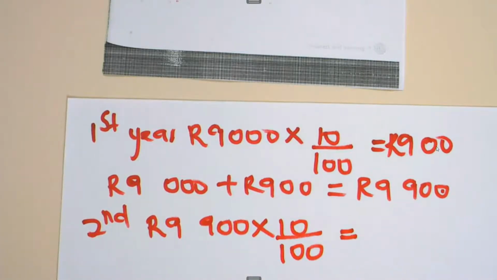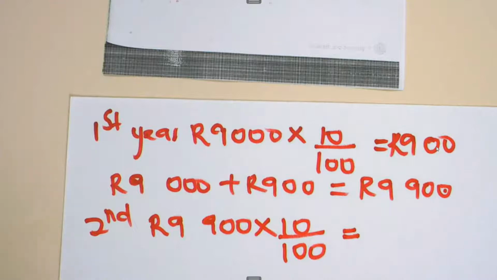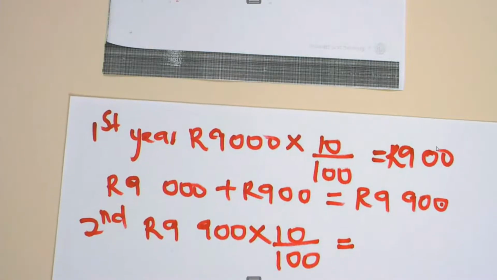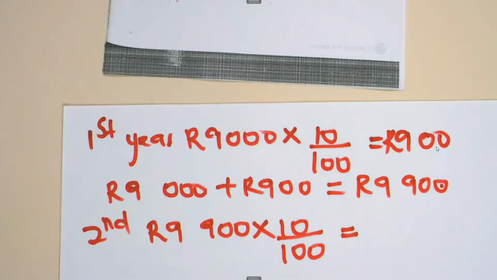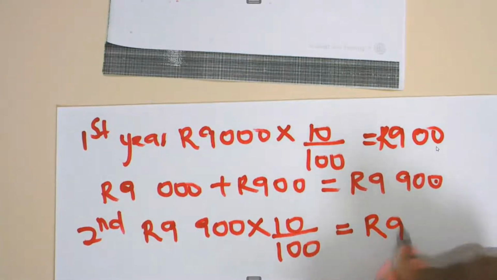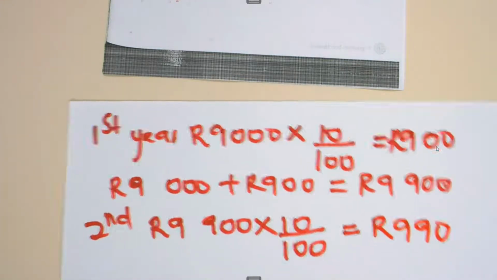When we multiply 9,900 by 10% and we divide it by 100, we must have our calculators in hand so that we can calculate what we have. So we have 9,900, we multiply by 10, we divide by 100, and then we accumulate an interest of 990.